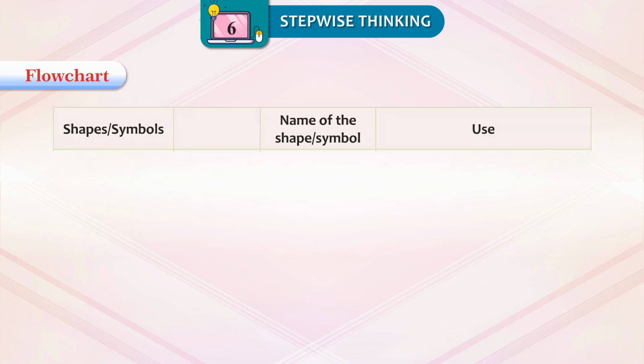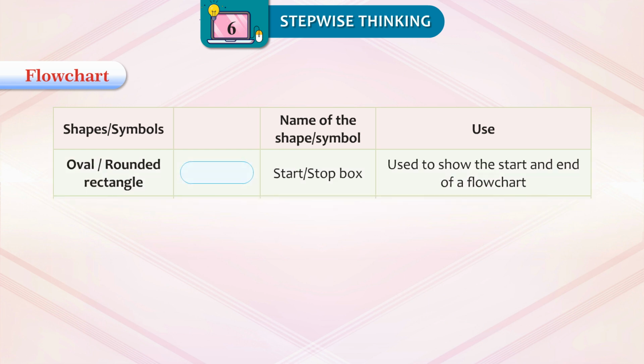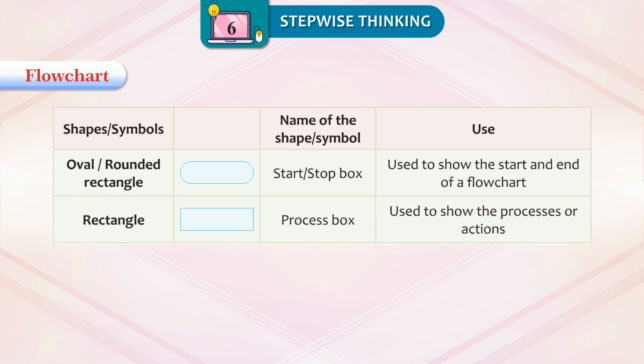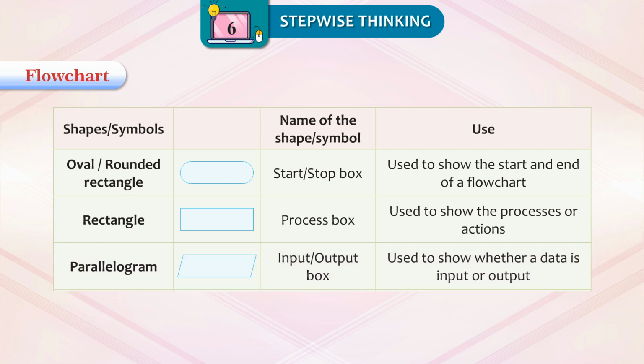Shapes or symbols. Name of the shape or symbol. Use. Oval or rounded rectangle. Start or stop box. Used to show the start and end of a flowchart. Rectangle. Process box. Used to show the processes or actions. Parallelogram.